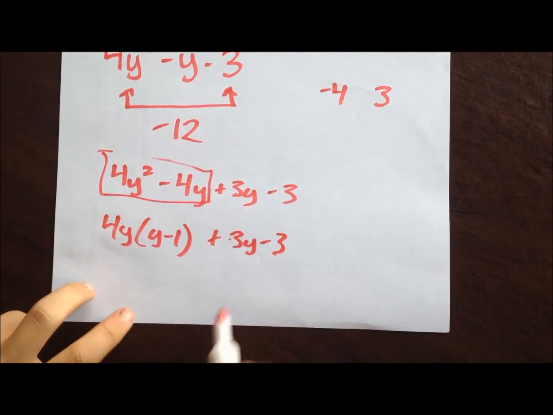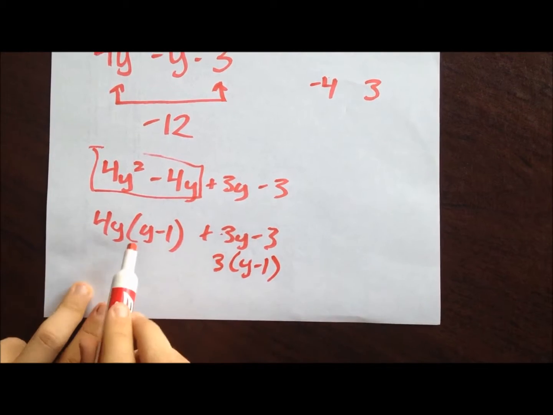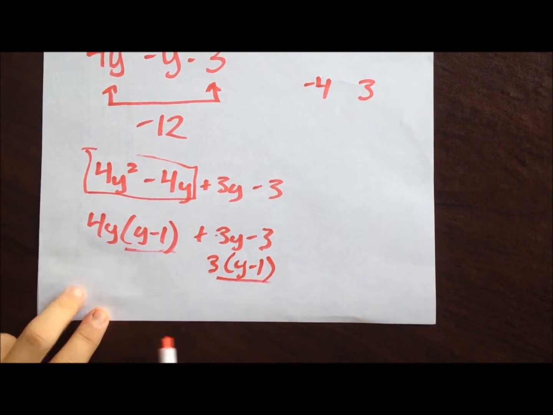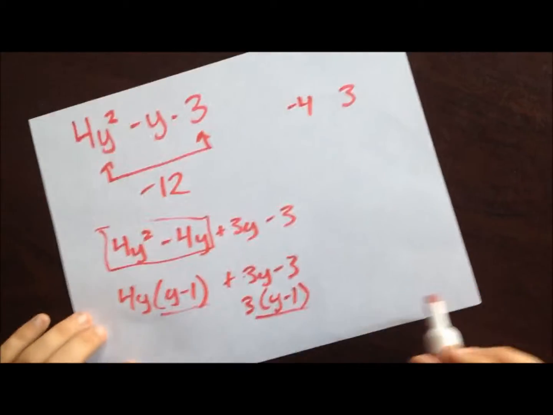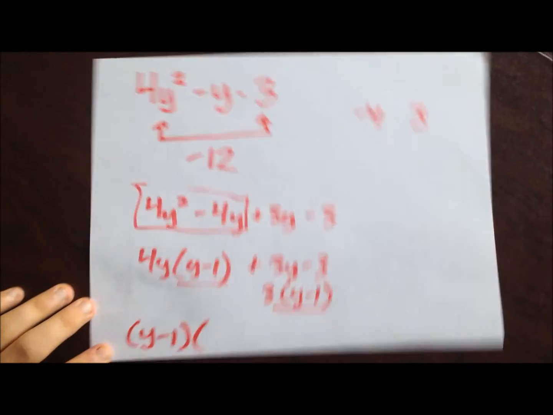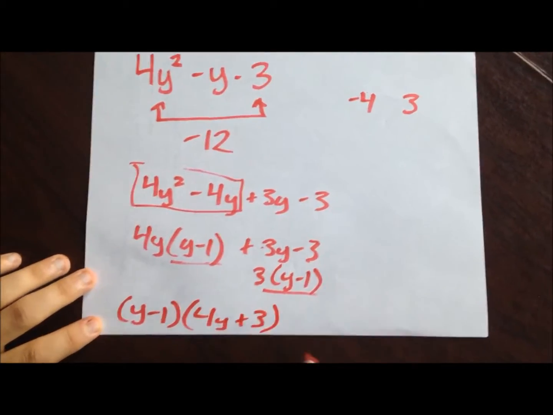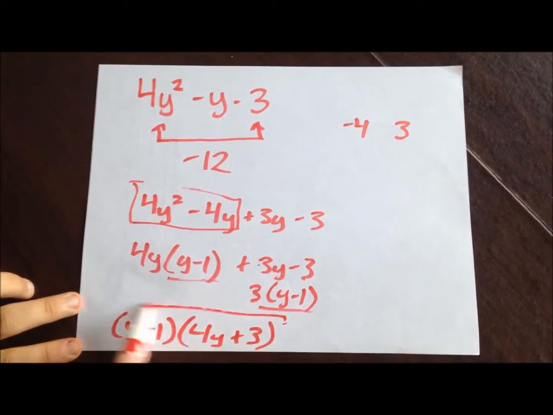You can pull out a common factor in that and get 3 times y minus 1. Oh, and look what you got here. You have y minus 1. So you can write that out, and you get y minus 1 times 4y plus 3. And that's your finished factor.